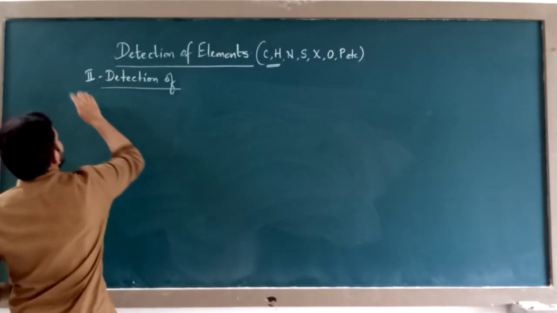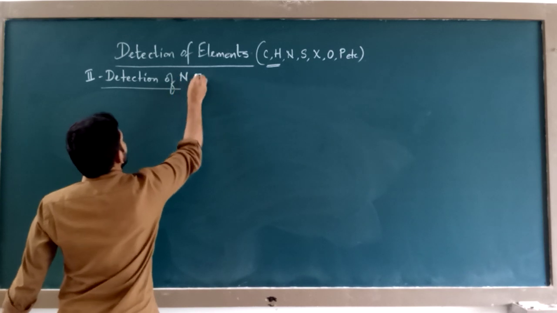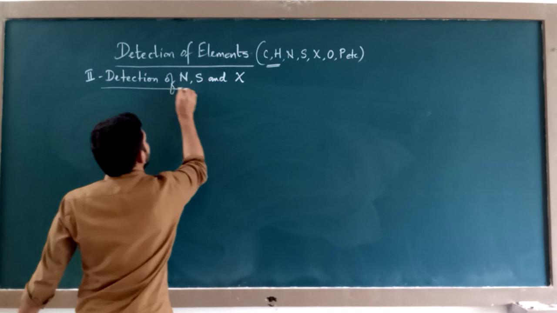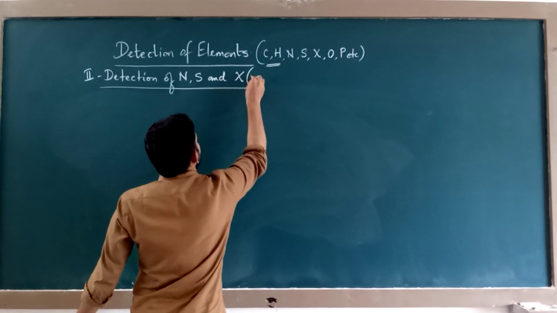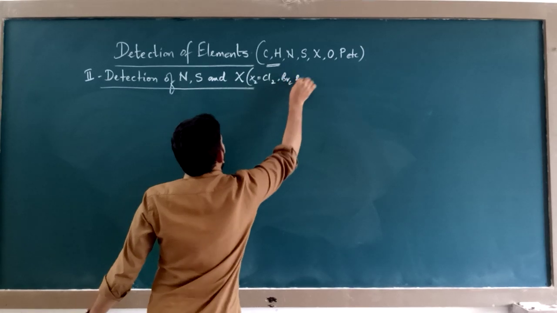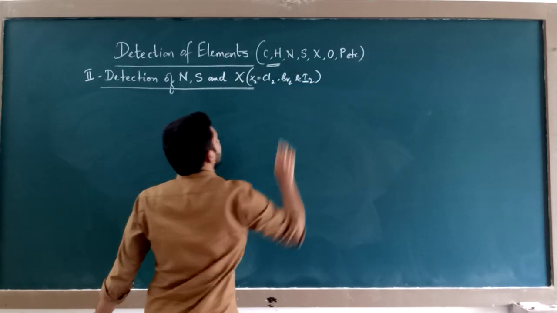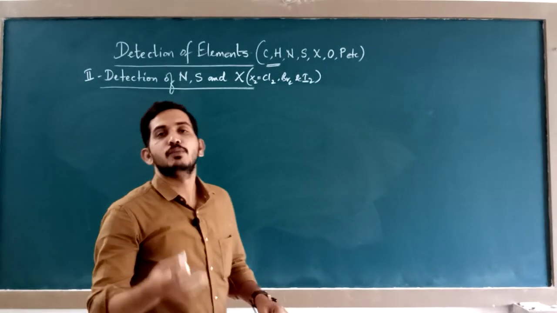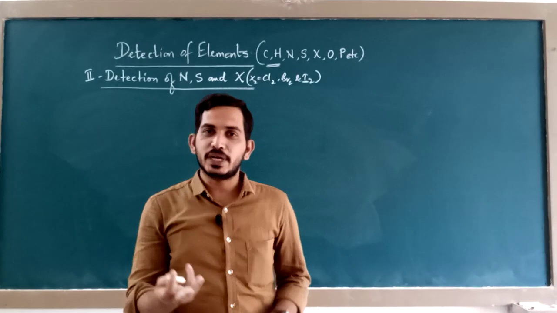So the second detection is detection of nitrogen, sulfur and halogens, where X stands for chlorine, bromine and iodine. We generally do not detect fluorine. It's not that it cannot be detected, but for your syllabus only 3 elements are prescribed.